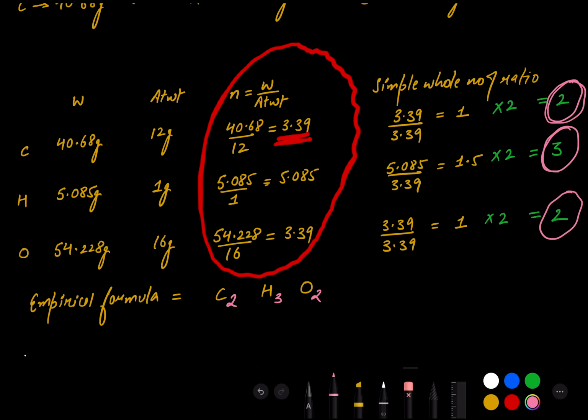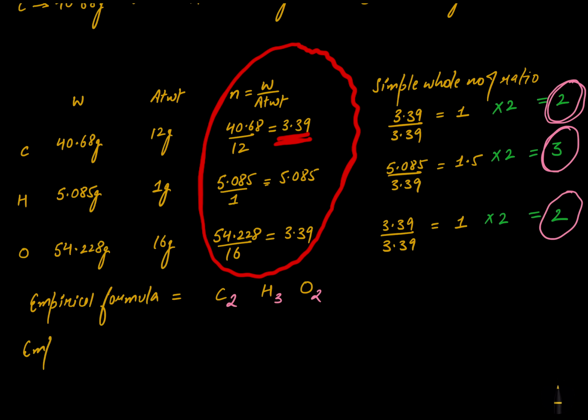So let's calculate the empirical formula mass first. I'm writing empirical formula mass. Now, what's the atomic mass of carbon? It's 12. How many carbons are there? 2. Plus, what's the atomic mass of hydrogen? It's 1.